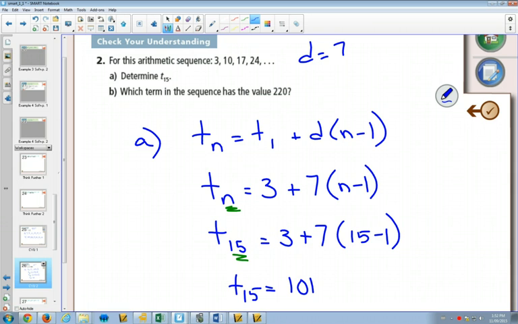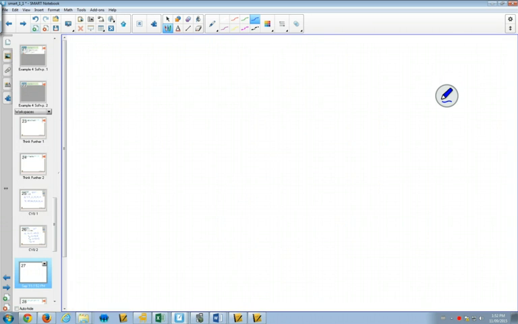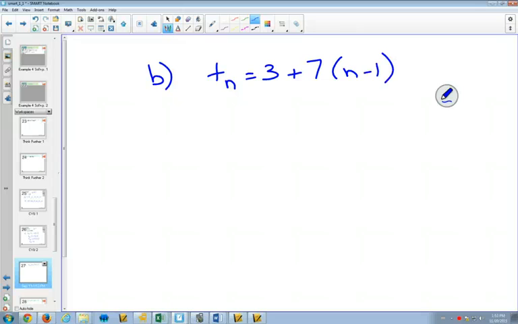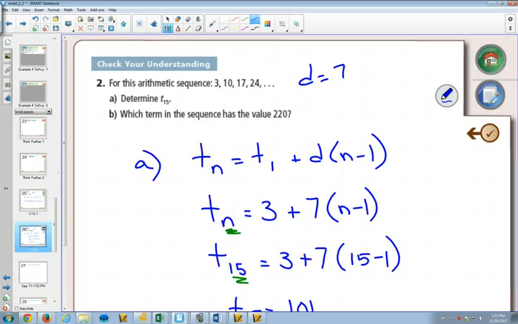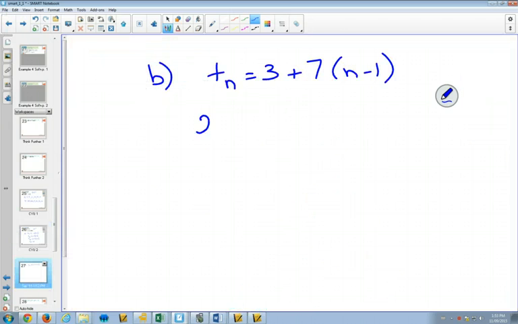Now for part B, we've still got our formula that we figured out. Term 1 was 3, common difference was 7. Here was our formula, and they say that there is some term with a value of 220. Now, we don't know which term that is, but the 220 will go in for this whole thing.